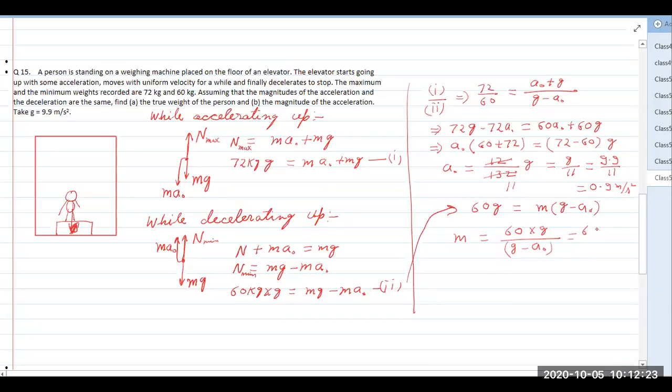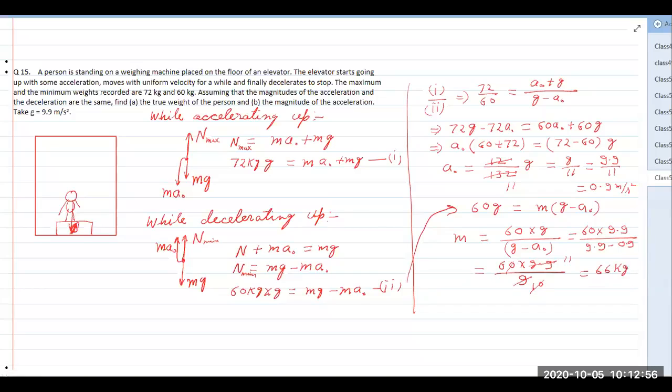That will be 60 into 9.9 divided by 9.9 minus 0.9, which is 60 into 9.9 divided by 9. That is 11, so this cancels and we get 66. So m is 66 kg. So the true weight of the person is 66 kg.